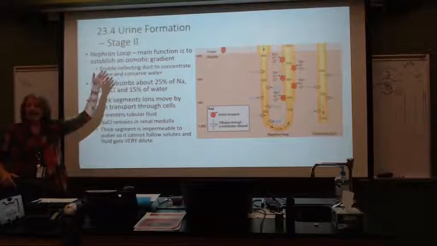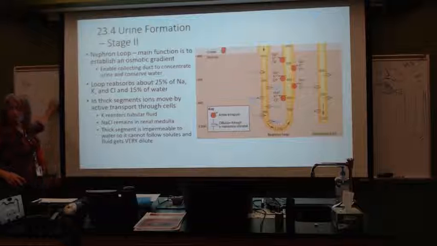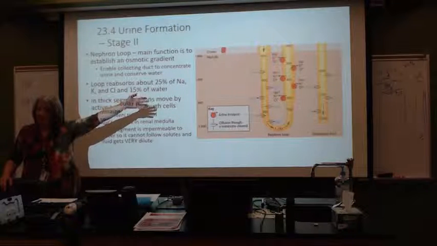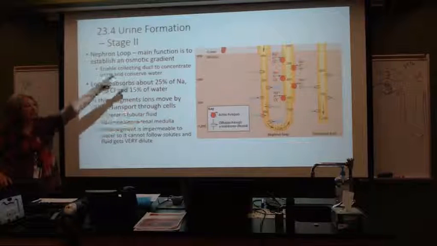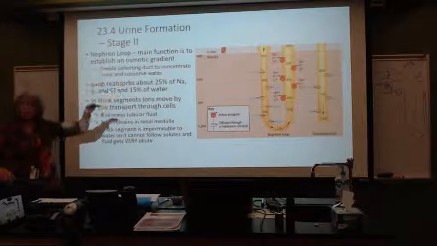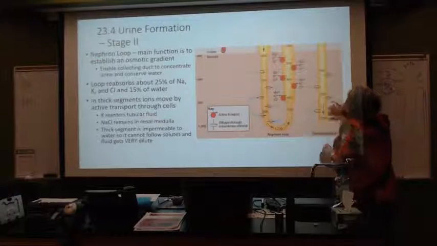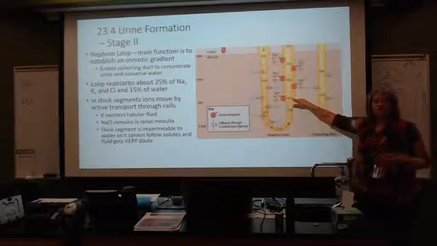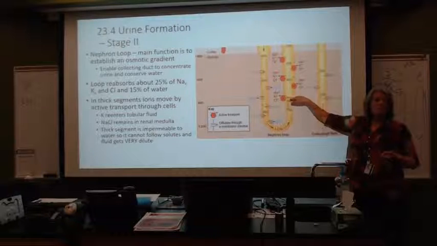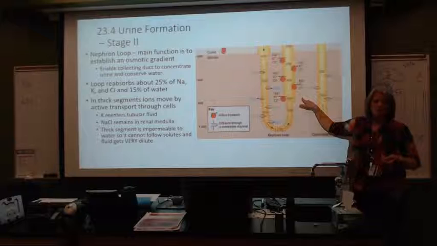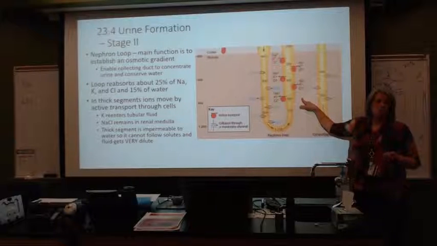I still had 35% of stuff, so I still had salts and ions. As I begin the ascending loop, the one that's going to go up and meet the DCT, the cellular structure will allow for more movement of these ions that I'm going to need with my cells.